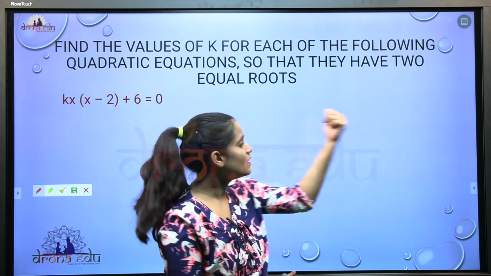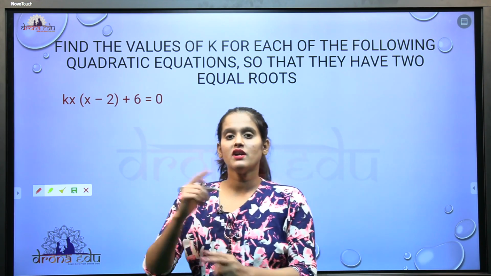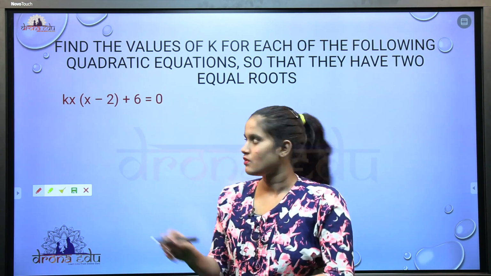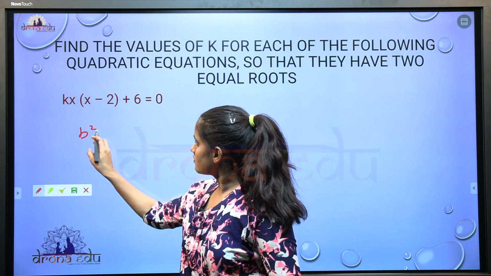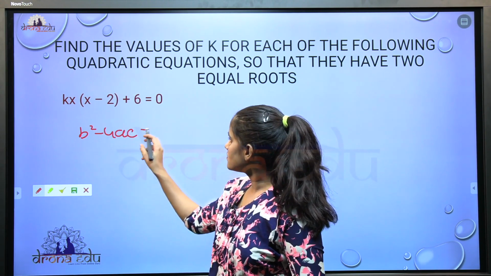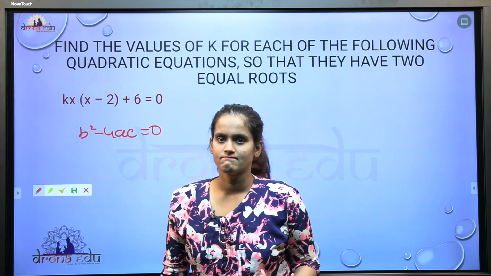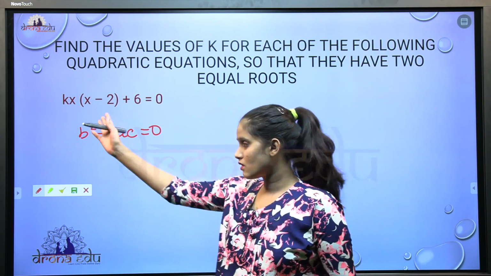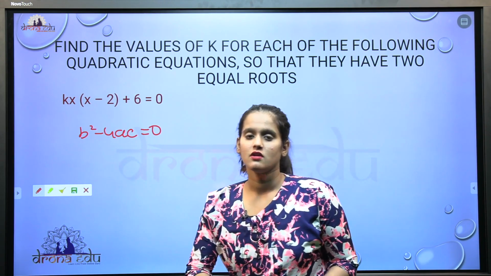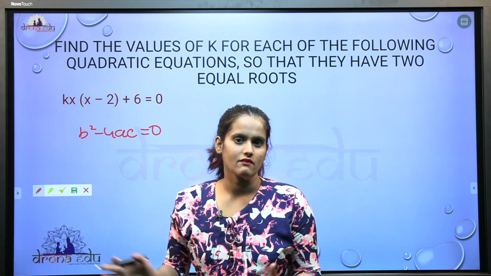Two equal roots means b square minus 4ac is equal to 0, then only we will be having two equal roots. That's the condition given, so let's solve this and find the k value.